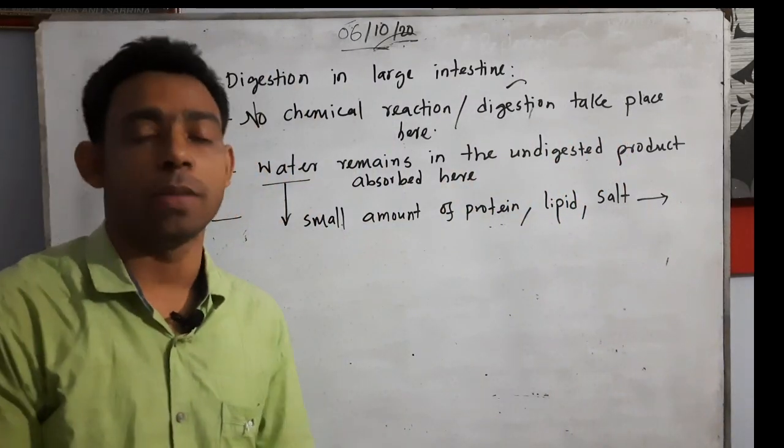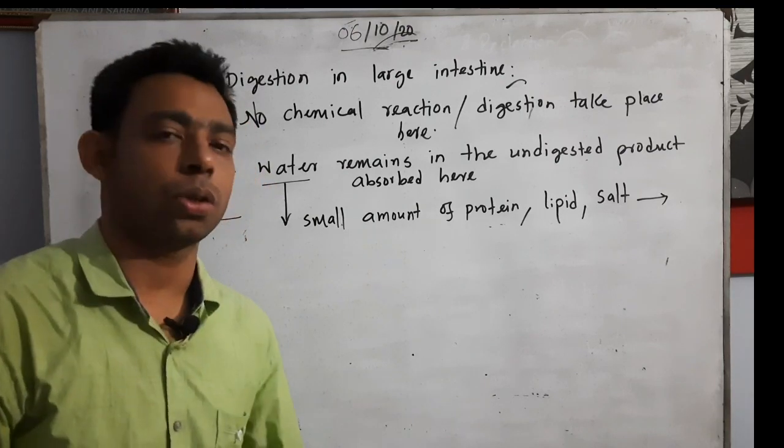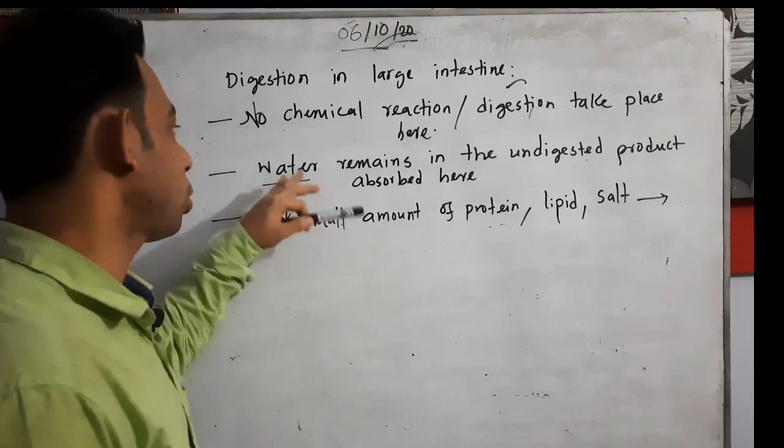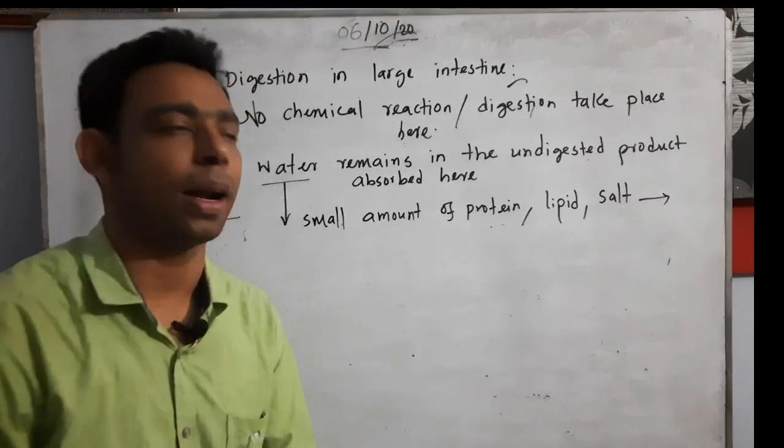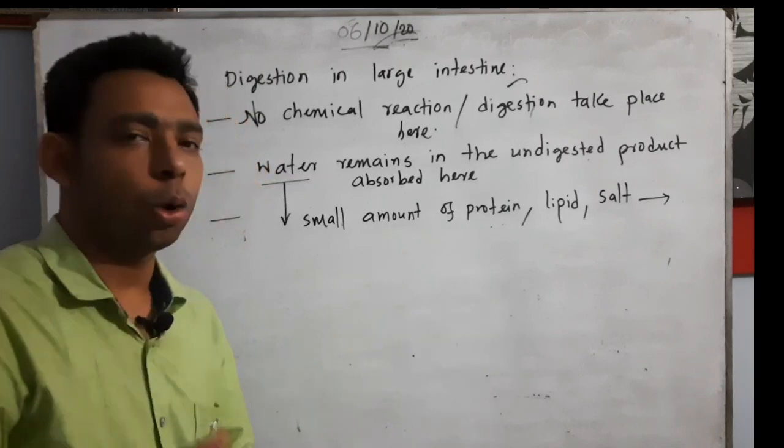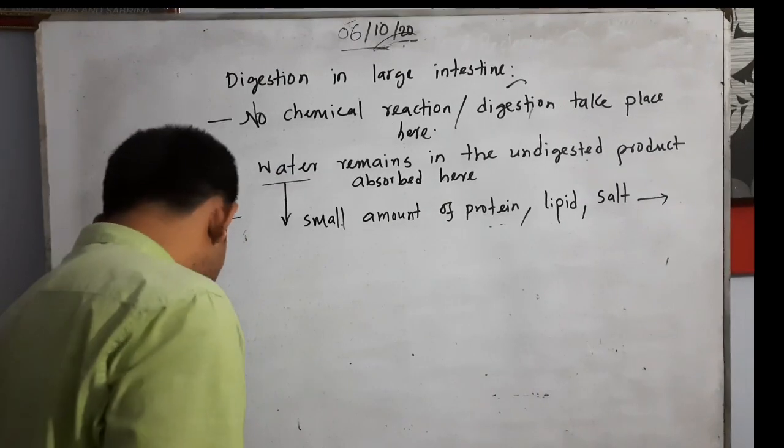If any remaining parts of the protein, fats or salt remain, they can be digested here, and water connected with the undigested product is also absorbed here. This is also important.